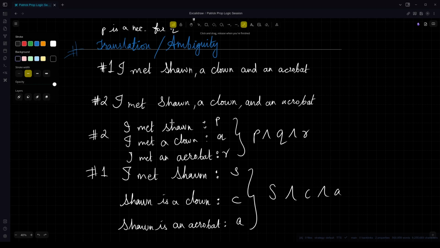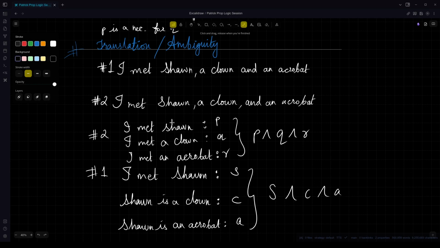Cool. So what we were doing here, we had a few examples of natural language, and we were trying to convert it into symbol form, using variables and operators. The first one we saw was "I met Sean, comma, a clown and an acrobat," and the second example was "I met Sean, comma, a clown, comma, and an acrobat."